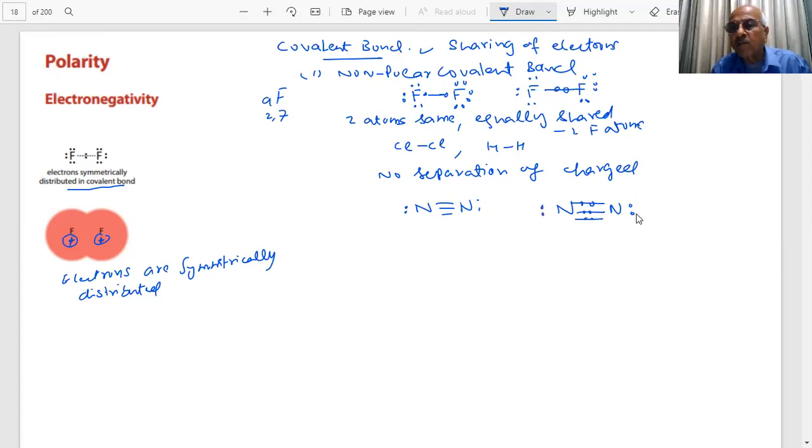And the two atoms are the same, therefore there are two nuclei, and there is a symmetric distribution of electrons around the two nitrogen atoms in this molecule. This is an example of a non-polar covalent bond. Non-polar, is it clear?